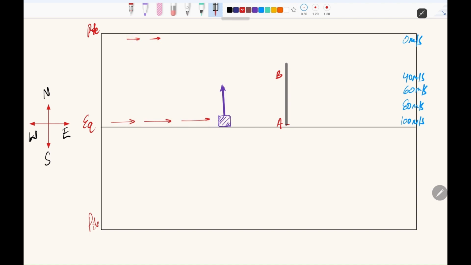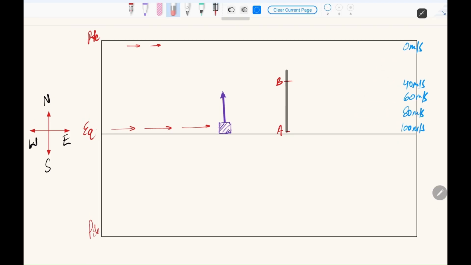For simplicity, let us assume that the linear speed of rotation at the equator is 100 meters per second and it decreases gradually as we move towards the poles, being 0 meters per second at the poles. So all the points at this place will have a linear speed of rotation equal to 100 meters per second, at this place 80 meters per second, 60, 40, 20 and eventually 0.